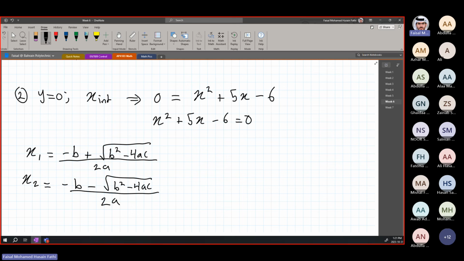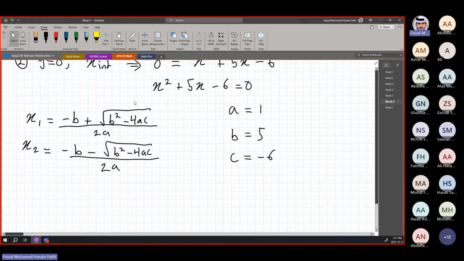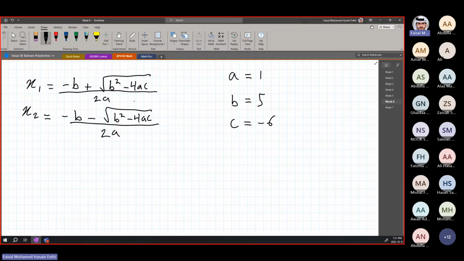In this case, our a is equal to 1, our b is equal to 5, and our c is equal to minus 6. If we plug back into this equation, x1 is going to be equal to minus 5 plus square root of 5 squared minus 4 times 1 times minus 6, all over 2a.